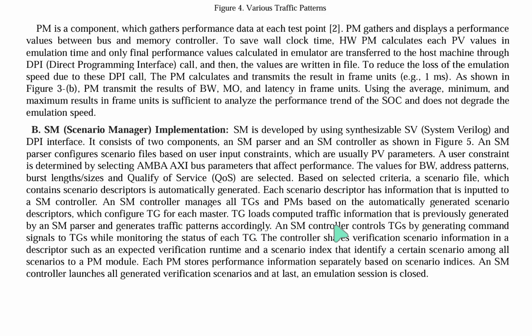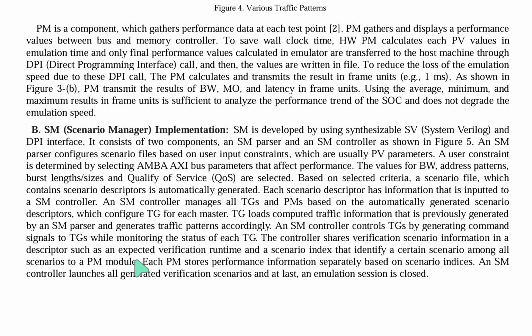An SM controller controls TGs by generating command signals to the TGs, while monitoring the status of each TG. The controller shares the verification scenario information in a descriptor, such as the expected verification runtime and scenario indexes that identify a certain scenario among all scenarios, with the PM modules.